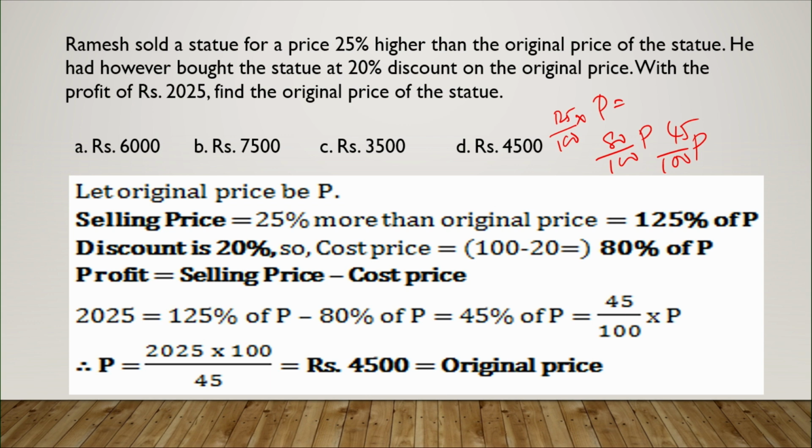The profit is given as 2025. So P is equal to 2025 into 100 by 45. When you divide by 45, 9 45s are 405, so you get 4,500 rupees.